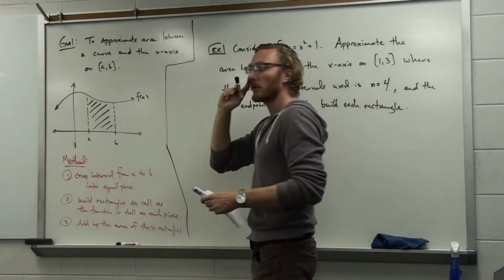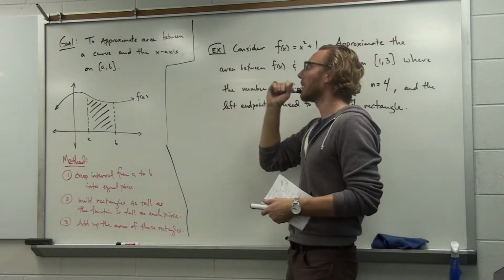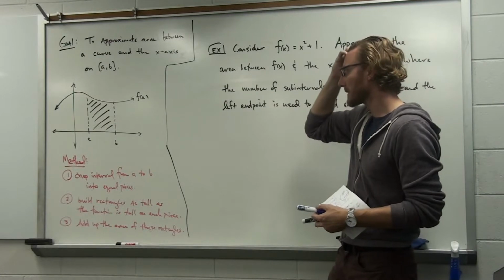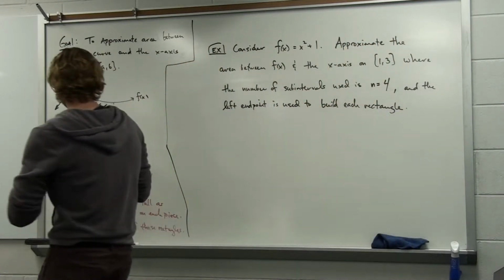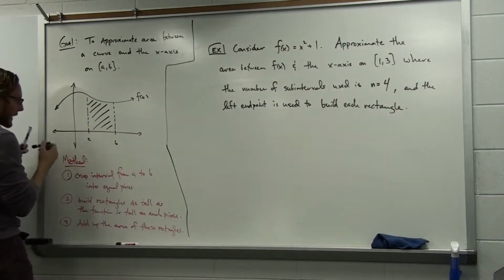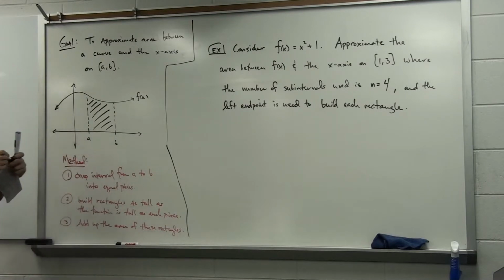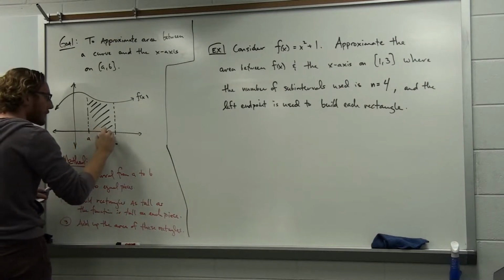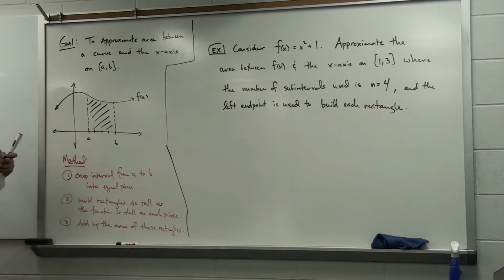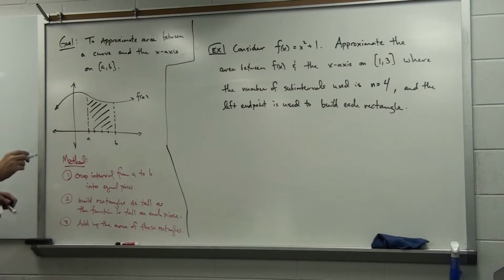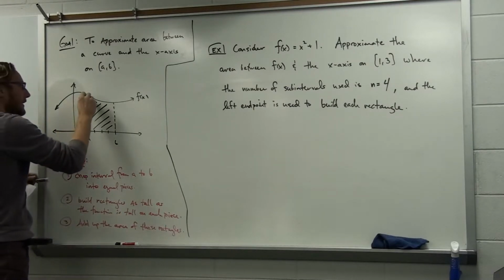So in the last video, we discussed a method of approximating the area between a curve and the x-axis. In particular, looking at that area over some finite portion of the x-axis, say between A and B. The idea was to chop the interval into a certain number of pieces. On each piece of the interval, build a rectangle that is as tall as the function is tall.